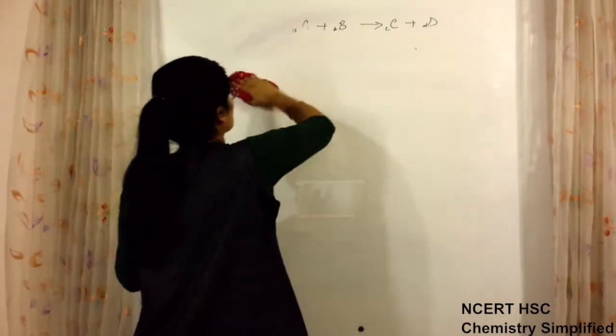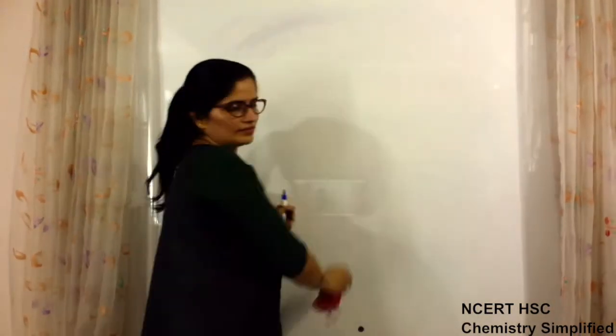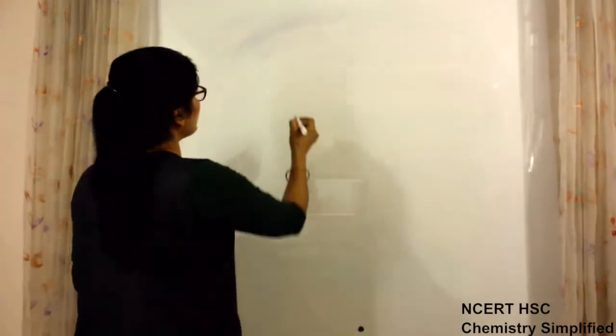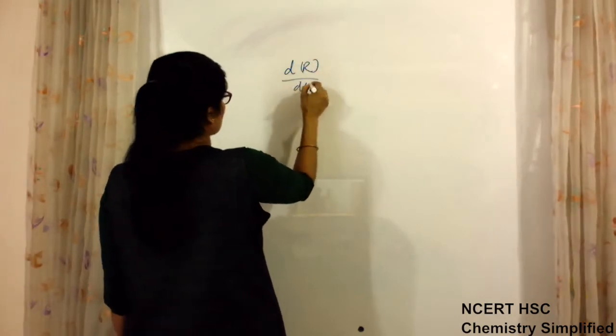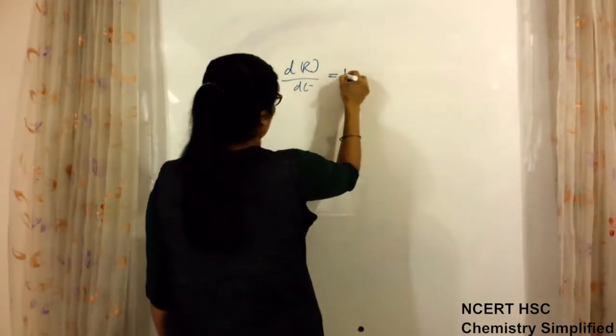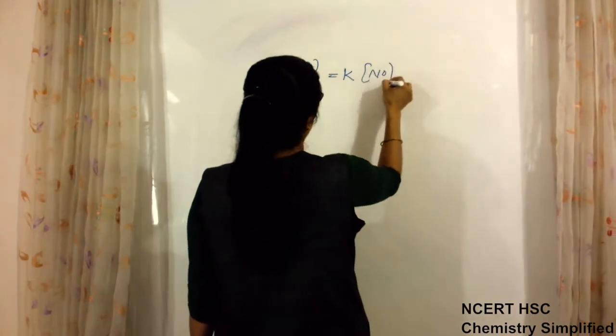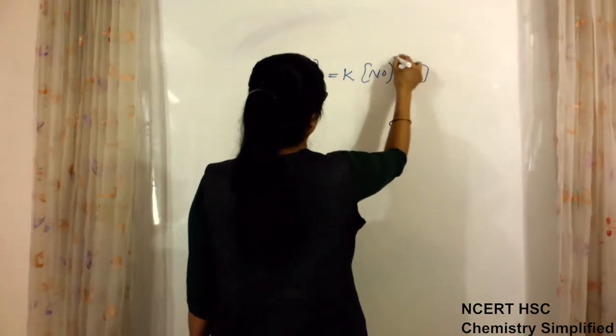After this, we'll see some examples of reactions where the rate of reaction and the coefficients are different. Now see, when we wrote dR by dt for this equation, it is K concentration of NO, concentration of O2 raised to power 2.